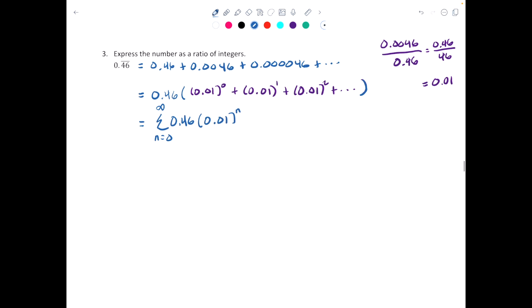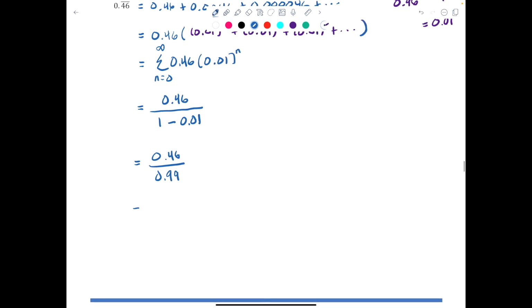Well, 0.01 is between 0 and 1, non-inclusive, and so this will give us A, which is 0.46, over 1 minus R, which is 0.01, which is 0.46 over 0.99, which is 46/99. Pretty cool, huh? It's really kind of trippy if you do this problem and you do like 0.99 repeating.